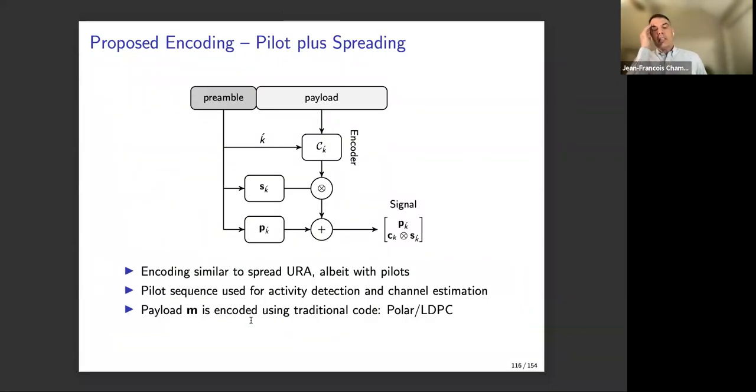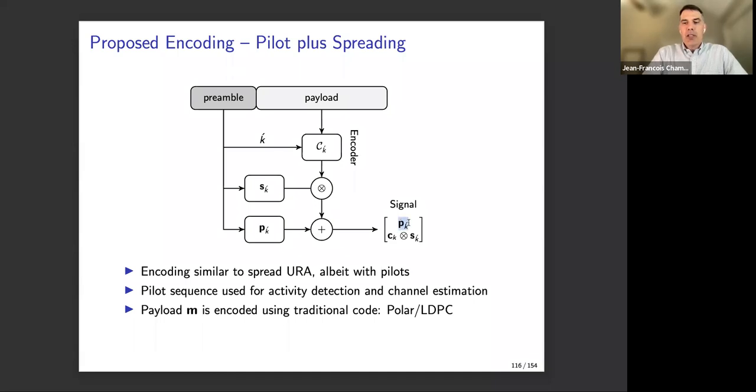The construction is very reminiscent of the spread polar code that I presented, except that the preamble now is going to be divided to pick a sequence, just like before. So if you look at the top part of this, it is the same as the spread polar, except that now we're going to add a bunch of pilots at the beginning of our signal.